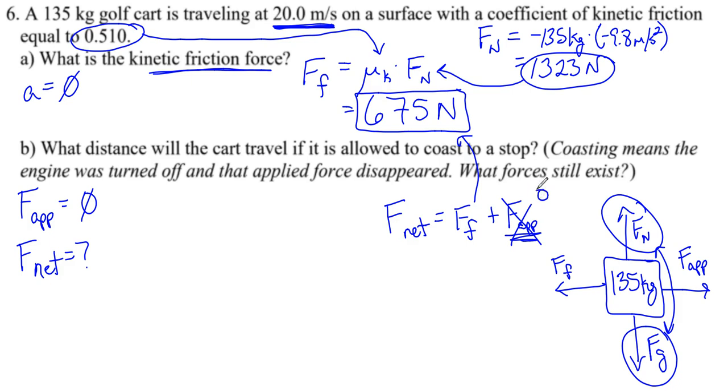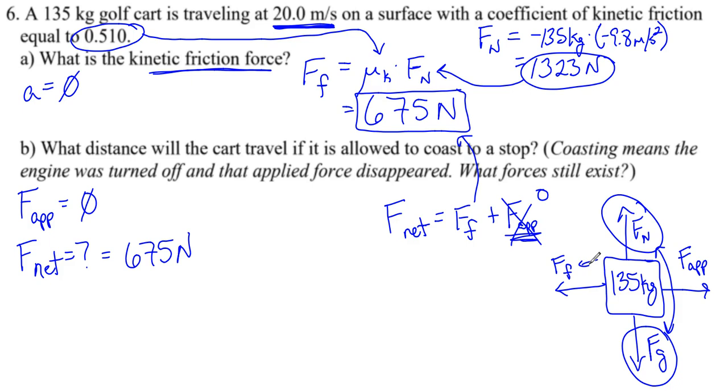Okay, so that means that the net force is the same as the force of friction, just acting in the opposite direction. So the magnitude of the net force is 675 newtons, of course acting to the left.